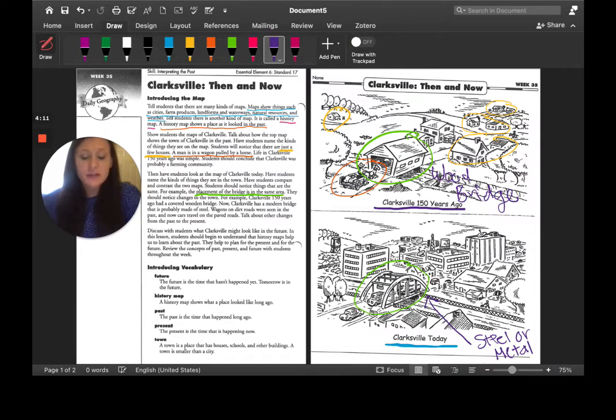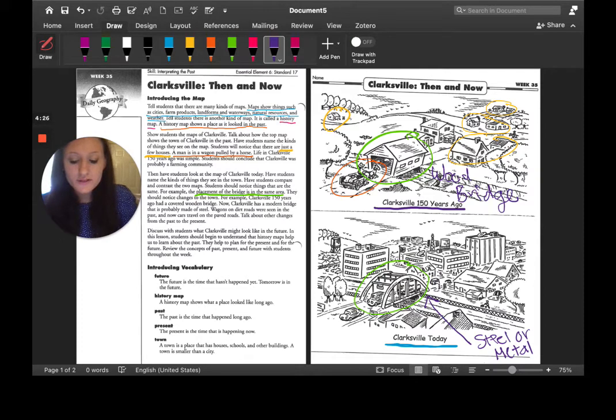It didn't change where it was, but it changed from 150 years ago to today. They changed it from a wood-covered bridge to a metal or steel bridge.